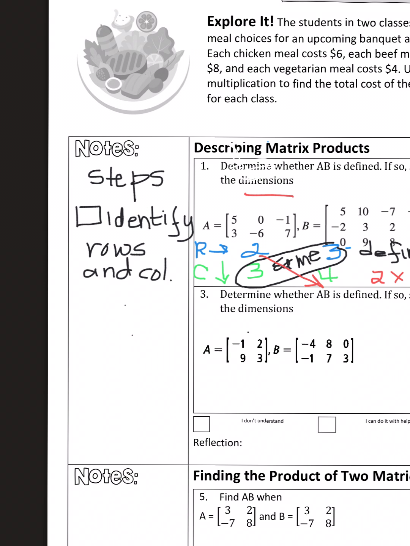So we'll say determine definition. And how we know it's defined is if it has a matching column and row.